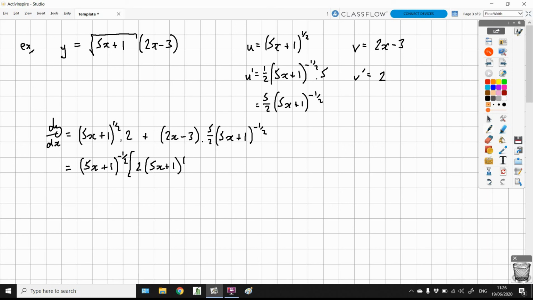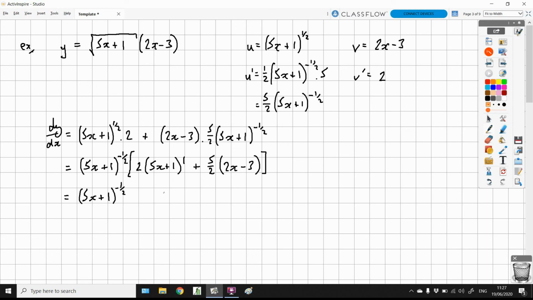So that's now working to make this first term. The second term, we've got to allow for that 5 halves. We've got to allow for that 2x minus 3. But this 5x plus 1 to the negative half, we've already dealt with that. So that's the second line. Now that we've taken this complicated common factor out, we can just leave it there.